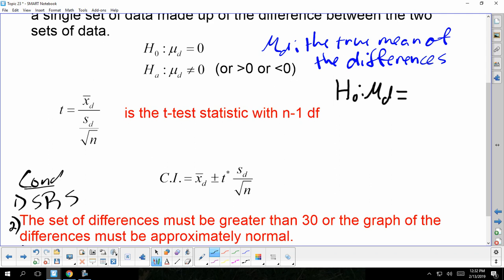I got milk chocolate chips, so I think that those will melt faster than peanut butter. So if they have the same melting times, the mean of those differences should be 0, right? Does that make sense? There would be no difference between the two. And if I think peanut butter chips take longer to melt, I think that mean difference should be greater than 0, right? So you can say this is a matched pairs t-test.